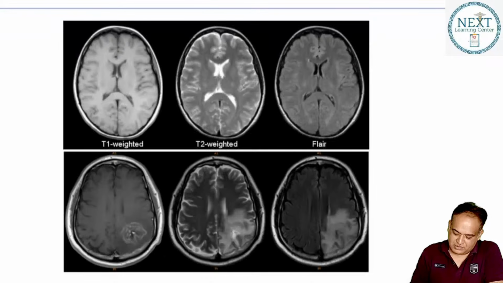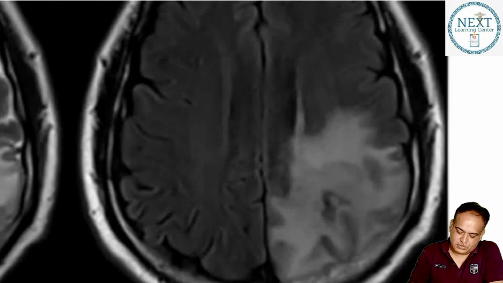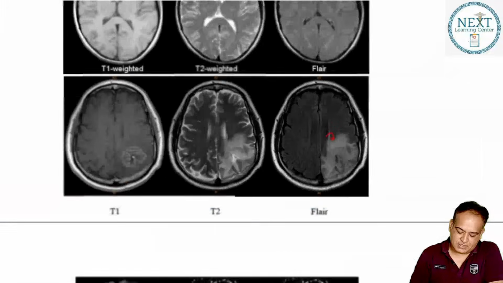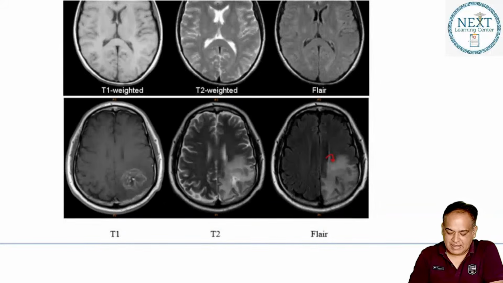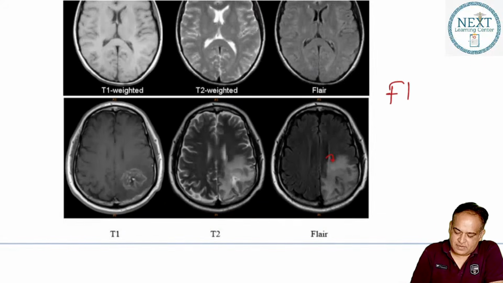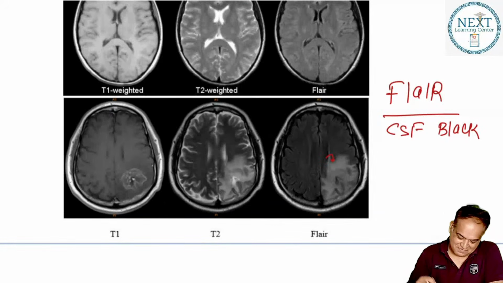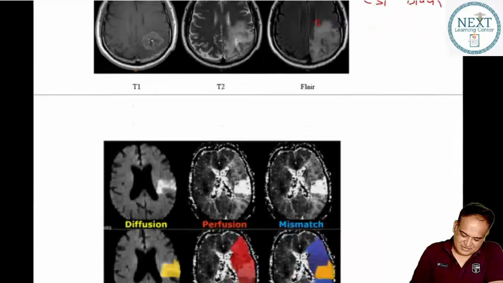So close to the ventricle, if there is any pathology, we will use FLAIR image. FLAIR is basically similar to T2, but in FLAIR imaging, CSF signal is black. Fine. So that's a difference here.